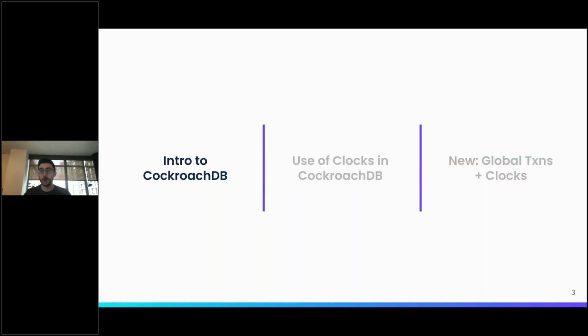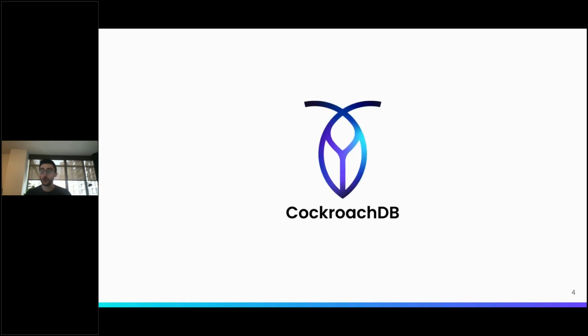And so we'll start with a basic introduction to CockroachDB. I don't want to spend too much time here because there's plenty elsewhere on the web to find about this topic. But for those who are new, I think this will be helpful to set the stage. So CockroachDB is an open source distributed SQL database. What that means is it provides the ACID guarantees and the expressive interface of something like Postgres.